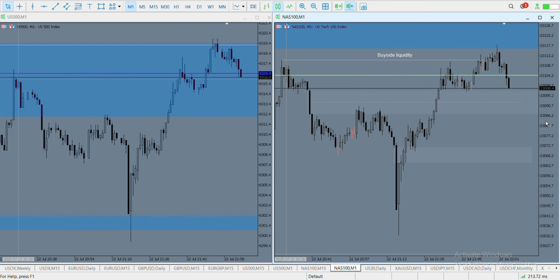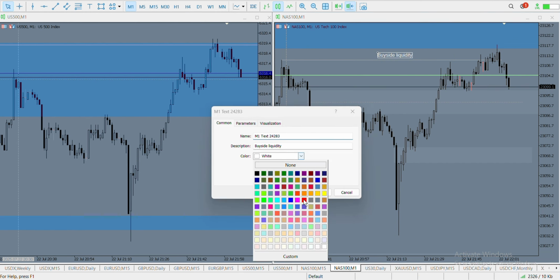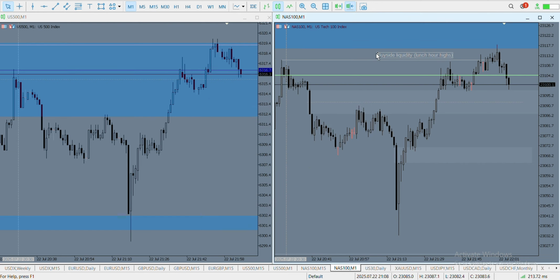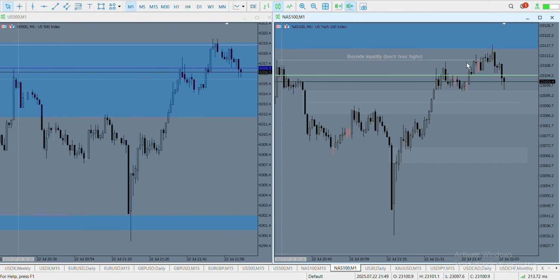So we started moving lower, 23,098. We've taken out the buy side liquidity pool above the lunch hour highs. That's the most important thing that price has done right now. So buy side liquidity pool, lunch hour highs, it's out.